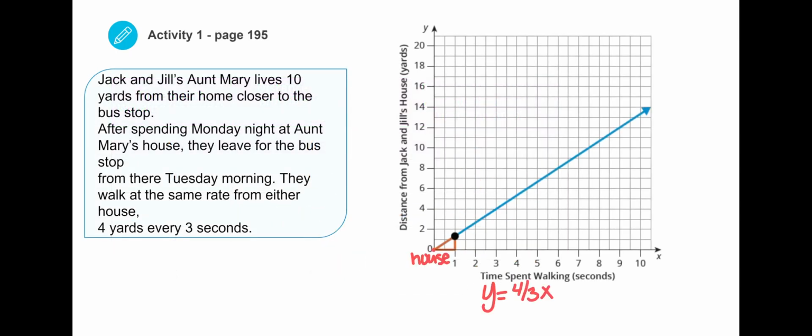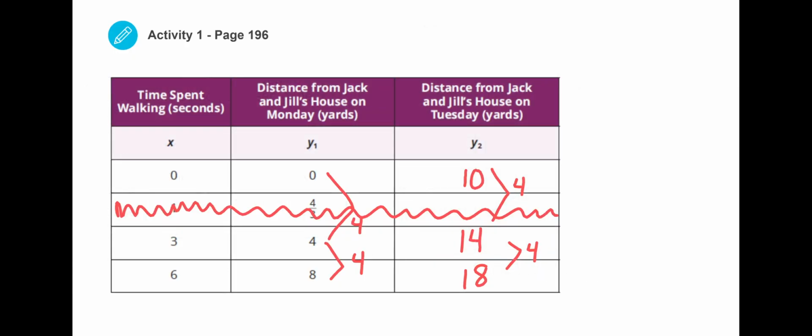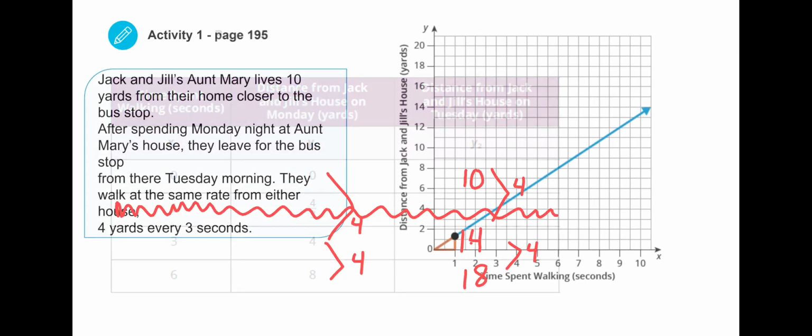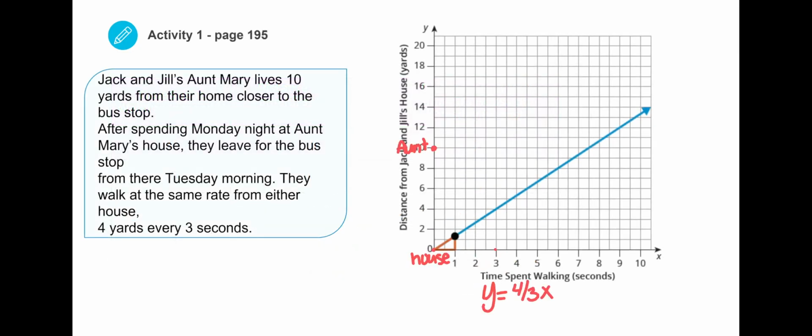Now, let's go back up here and talk about the graph. So they aren't starting at their house anymore. Now they are going to start right here at their aunt's house. I'm just going to put aunt here. They're at their aunt's house 10 yards away, but they are still traveling the same. So when they are 3 seconds in, they are 14 yards from their house.